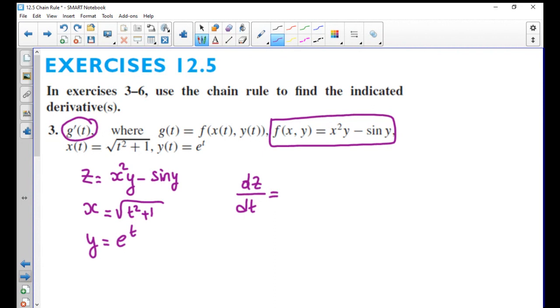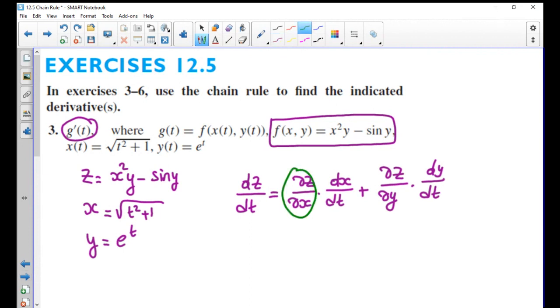So the rule says this will be dz over dx multiplied by dx over dt plus dz over dy multiplied by dy over dt. So again, we have four things we need to find.